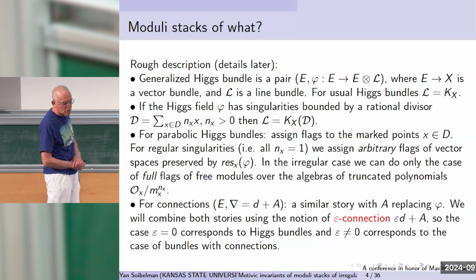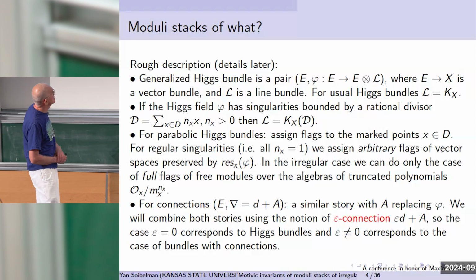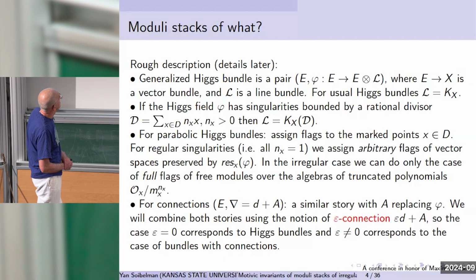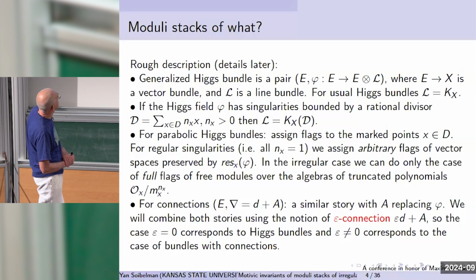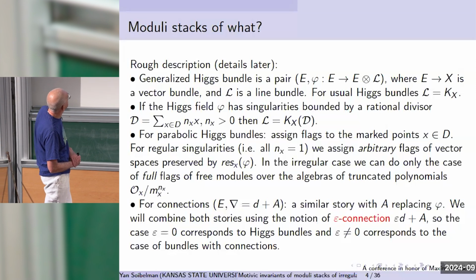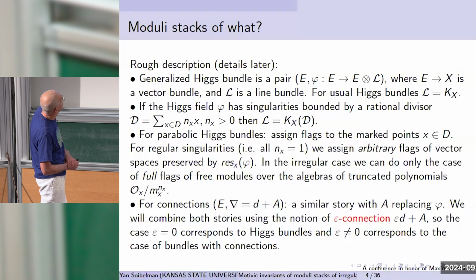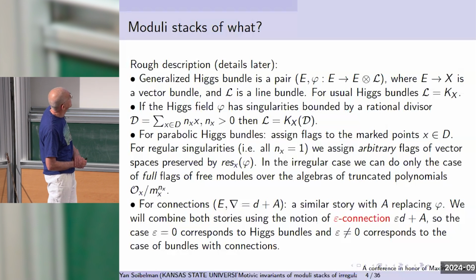So we will do parabolic Higgs bundles and parabolic connections, which means that to the points on the support of the divisor, you see multiplicities, they are not necessarily reduced, our divisors. So to the point we assign flags.